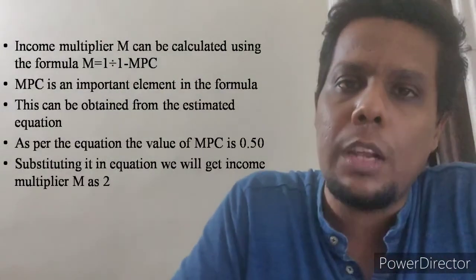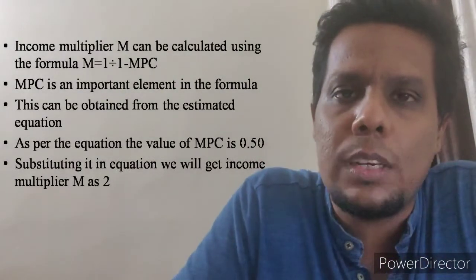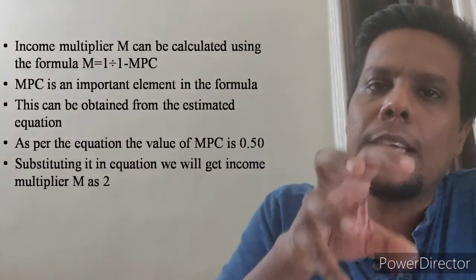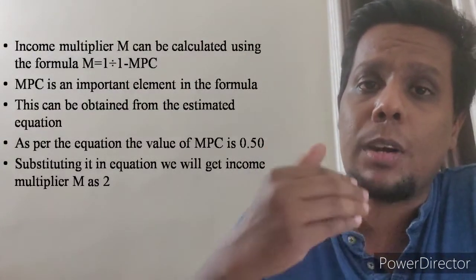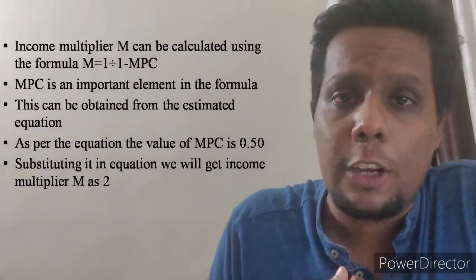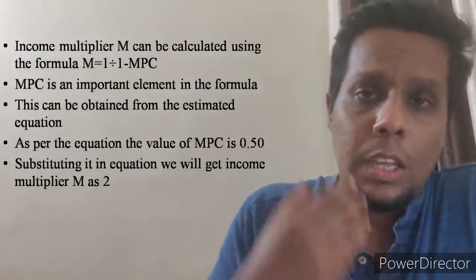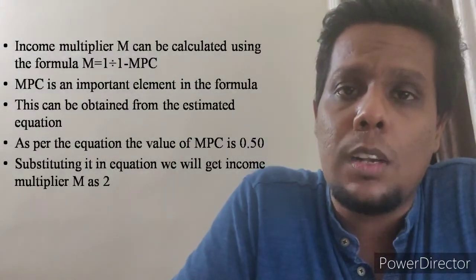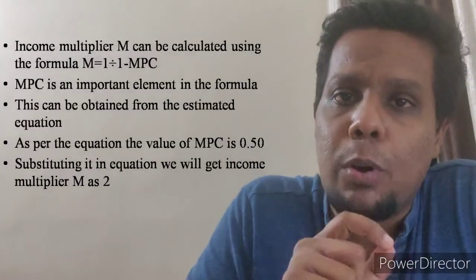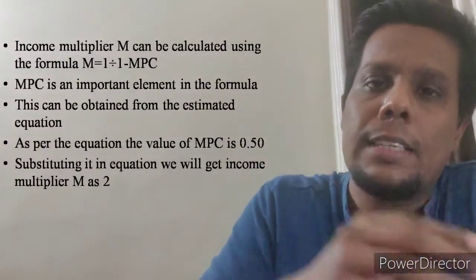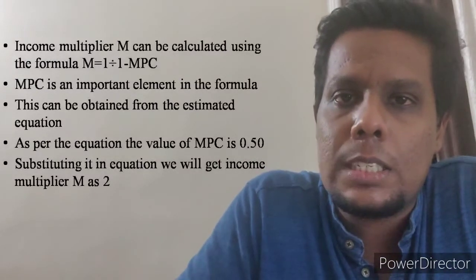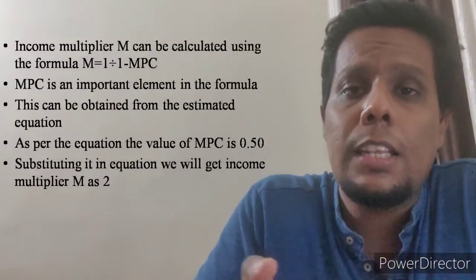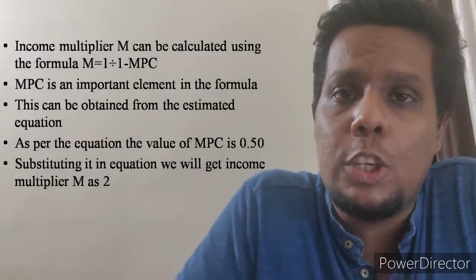If you look into this formula, you can see the MPC is an important element that is required to calculate the income multiplier, which can be obtained from our estimated econometric model. As per our estimated model, the value of MPC is 0.50, and if you apply this into the formula, it will give 1 by 1 minus 0.50, and the value of income multiplier will be 2.